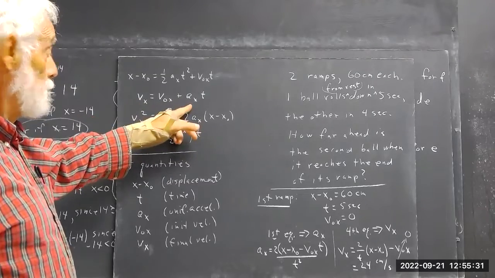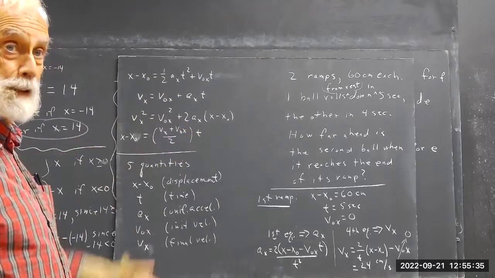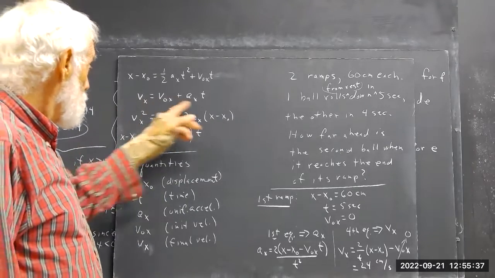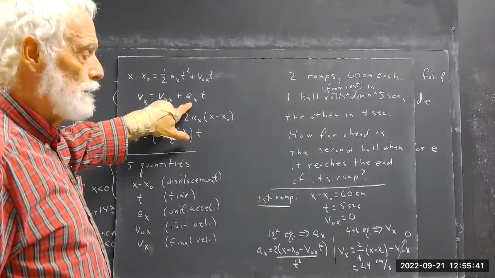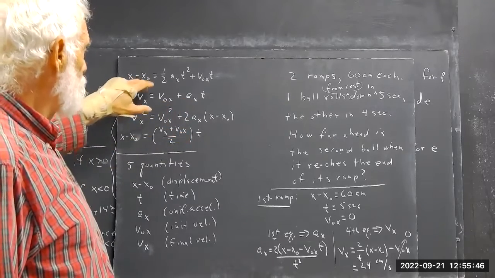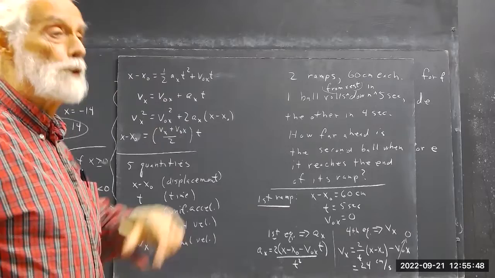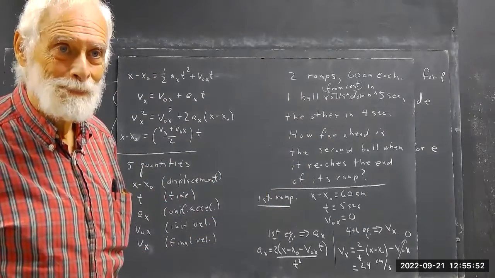I could use this equation, these two equations are really simple because they're nice and linear. If you can use them, it's a good idea to use them. So we can solve for a x. We solve this one for a x, it's just Vx minus V naught over t. Change in velocity divided by time. We don't even need an equation to know that.